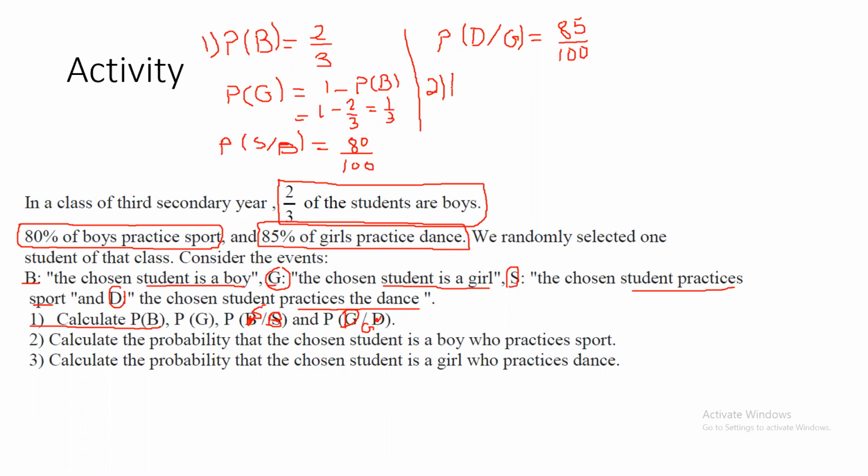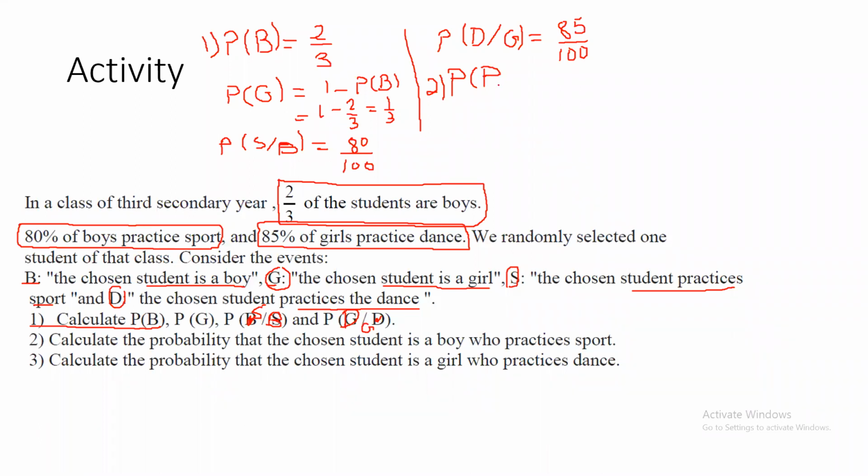Probability of what? B intersect S. A boy who practices sport. Yes, George, what did you say? Please, can you repeat? B over S.